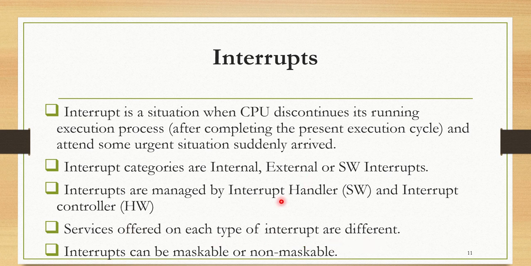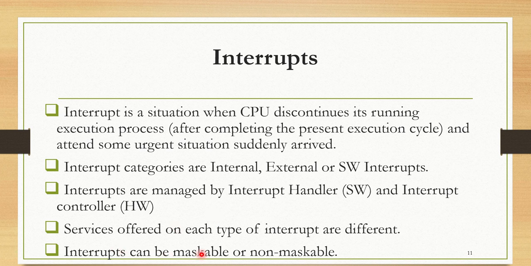Suppose there is a software interrupt, you ask for printing, so the services will be different. Or maybe power off is another interrupt, so the services will be different. Something displays, like your data is in the memory, when you switch off the computer. These are the interrupts, and accordingly the CPU gives instructions on what has to be done.